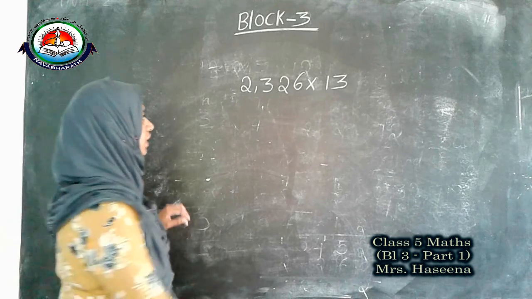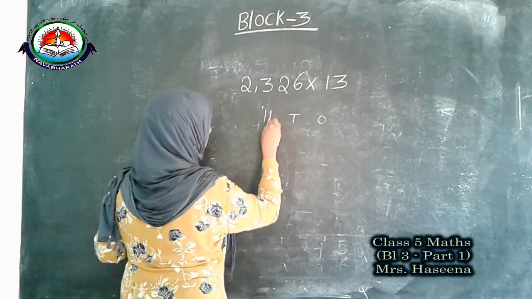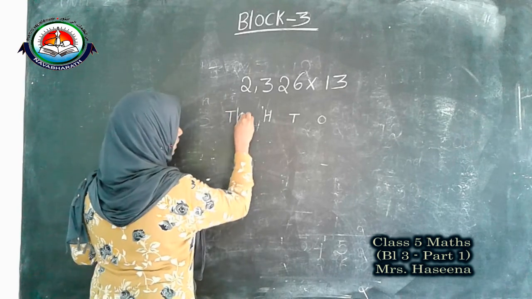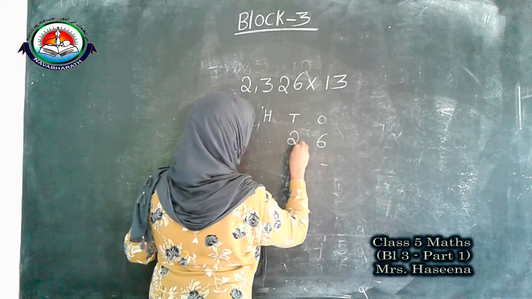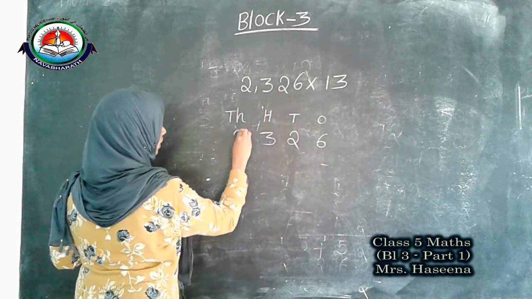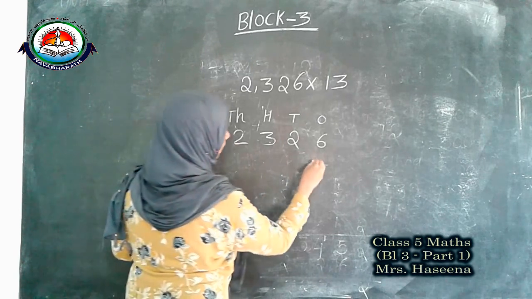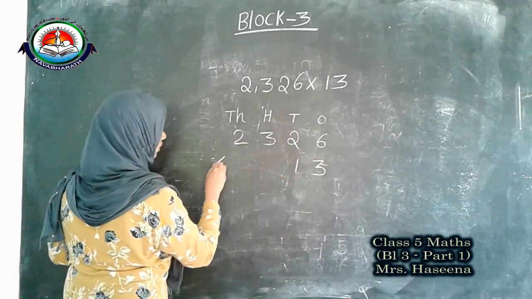Okay. Then first ones, then tens, then 100, then 1000. Ones place 6, tens place 2, 100 place 3, 1000 place 2. Here ones place 3, tens place 1.